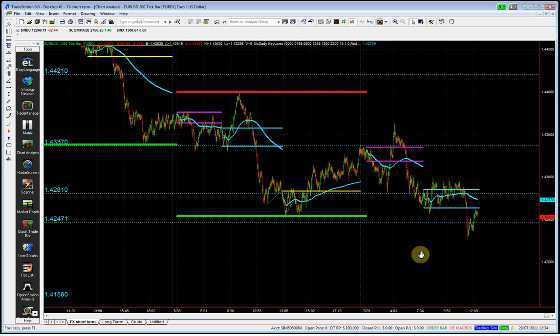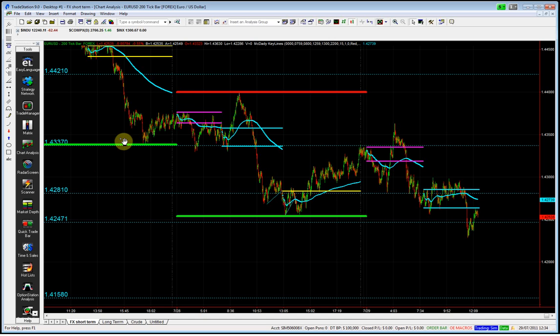So this is a nice situation, because our structural long and short are going to be our short-term long and short points as well.